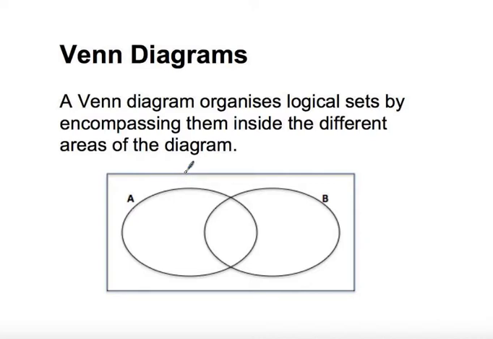Essentially, a Venn diagram organises logical sets by encompassing them inside different areas of the diagram. So this oval shape here would contain all the elements that relate to a certain set that we would call A. This oval here will contain all the elements that relate to a certain set B. Outside of the Venn diagram contains the remaining members from a population which are not linked to the set A or the set B. And in this overlap here, we call this the intersection.